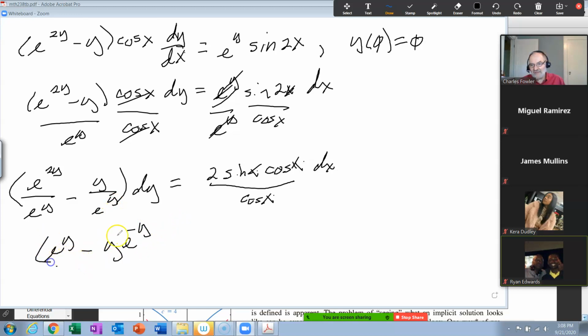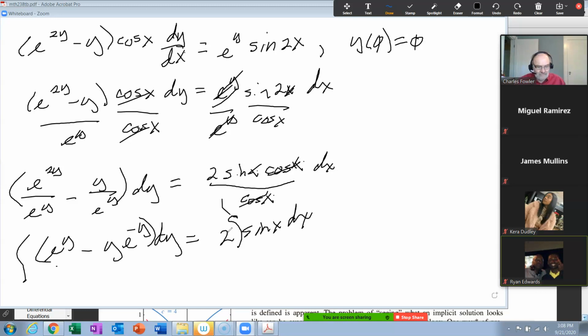So this is the left-hand side times dy is equal to, now over here, one of the cosines go out, and that just simply leaves you 2 sine x dx. All right, we can, and hopefully will, integrate. Goodness gracious, that's so bizarre. Just writes wherever it wants to. Sometimes won't write at all, other times writes just wherever it gets a notion to.